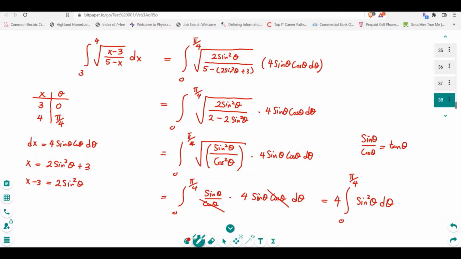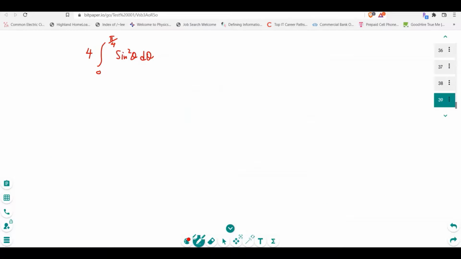So now let's see how to do this sine squared theta integration. In order to do this integration, we can use the double angle identities of trigonometry. So for example, you should remember cosine 2 theta equals 1 minus 2 sine squared theta, right? So then you can see 2 sine squared theta can be written as 1 minus cosine 2 theta.